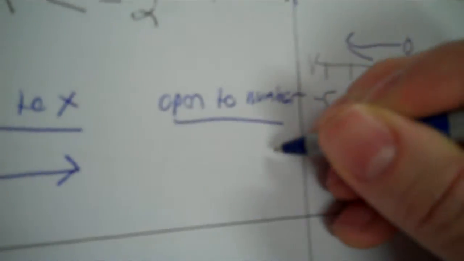So here's what I want you to write. Open to x, you're going this way. Open to the number, that's going to go this way. So open to x goes this way, open to number goes this way.